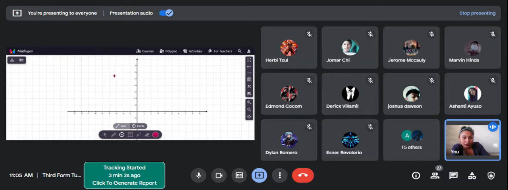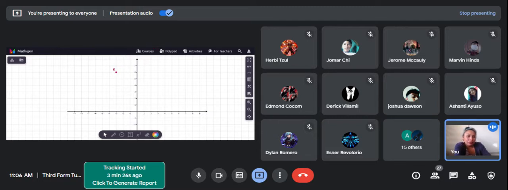Negative 3, and you go all the way to 6, and then you draw your dot, right? And then you label that your first point, which is going to be K. Negative 3, 6.